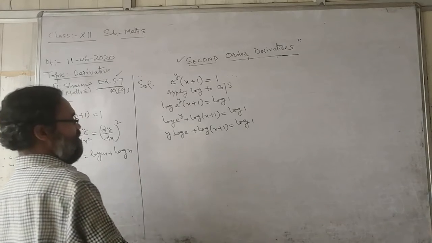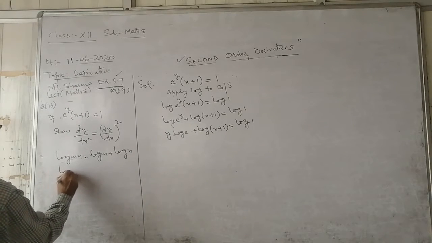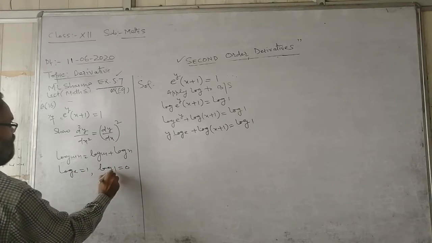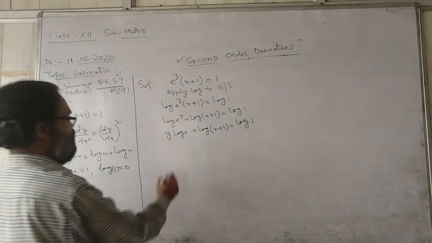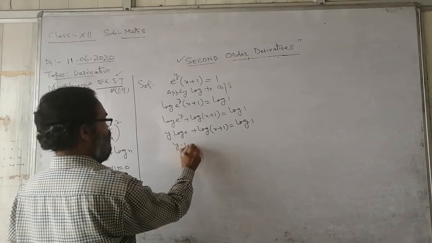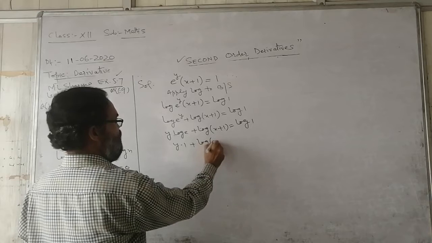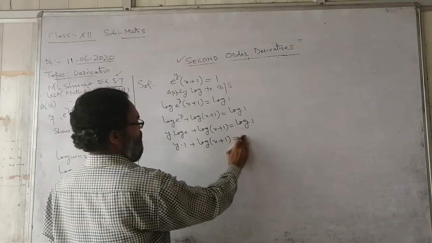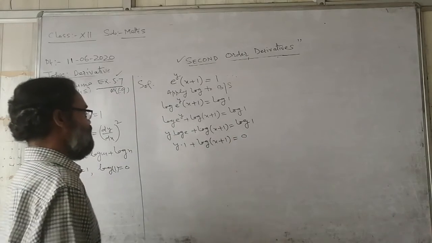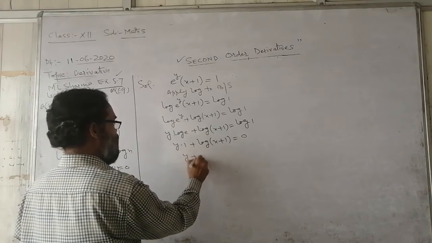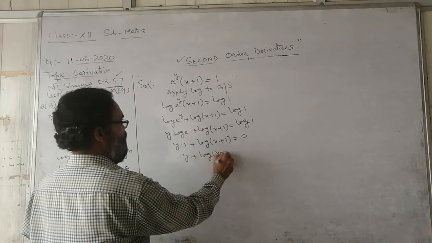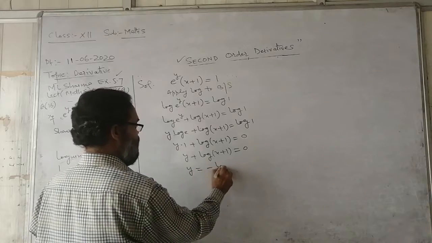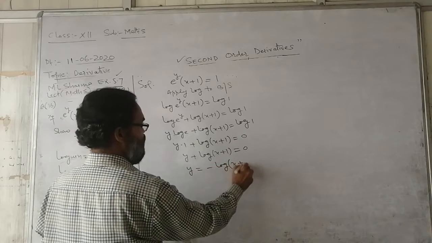Log of e, its value is 1, and log of 1 is 0. So I can write y into 1 plus log of x plus 1 equal to 0. That means y plus log of x plus 1 equals 0, or y equals minus log of x plus 1.